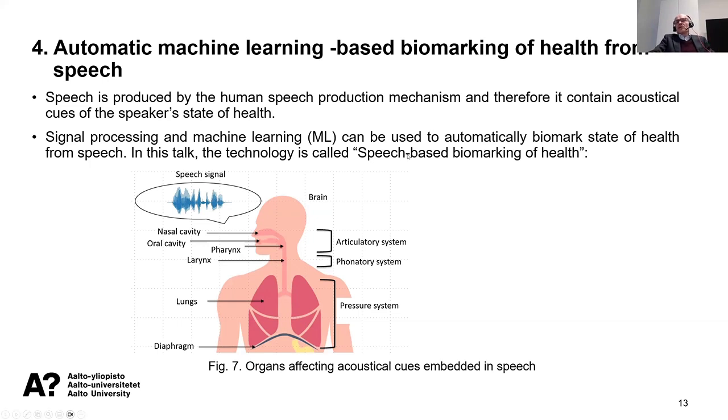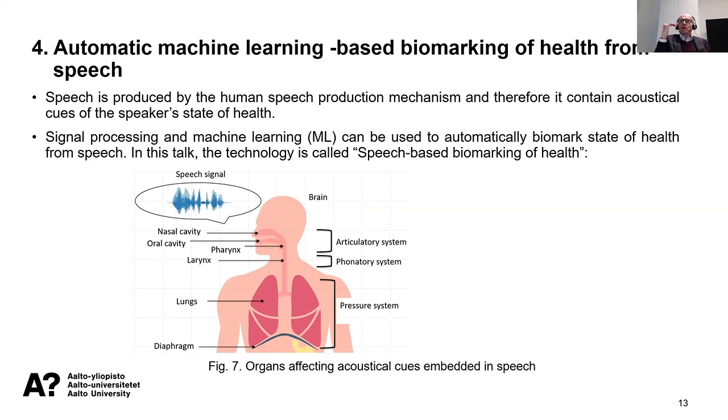In this domain, which I call speech-based biomarking of health, this is a research domain which has become increasingly important and prevalent also in the area of speech research during the past 5 years. There is an increasing number of papers published in this domain, as you have probably seen.